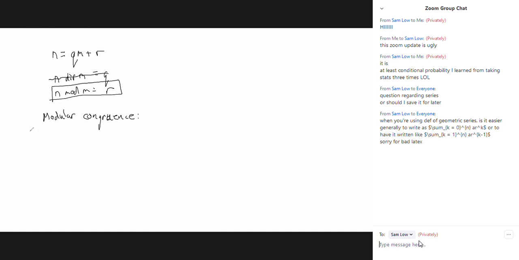Right, and we had some definitions here. In order for A to be congruent to B mod N, this is the syntax we use to say that these two are equivalent. Mod N means that these two remainders are the same.